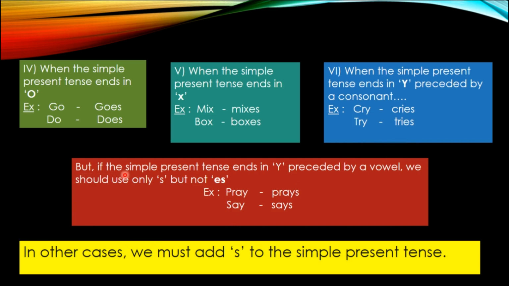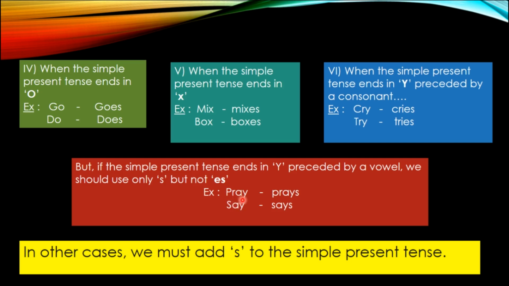But if the simple present tense verb ends in Y preceded by a vowel, we should use only s but not es. I think you know what the vowels are. A, E, I, O and U are vowels.